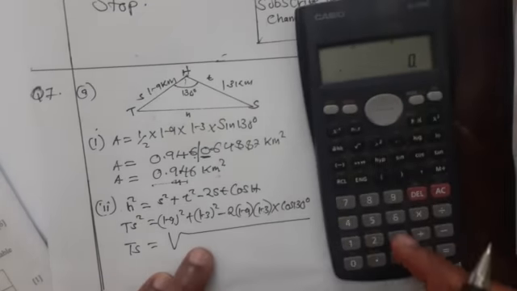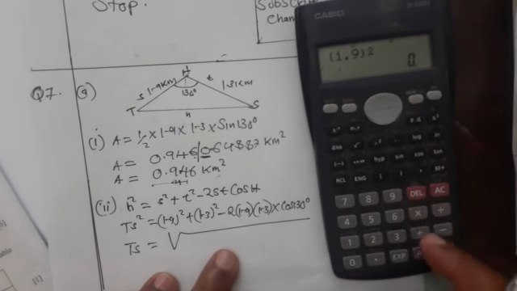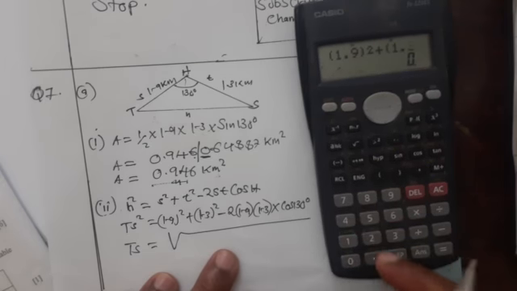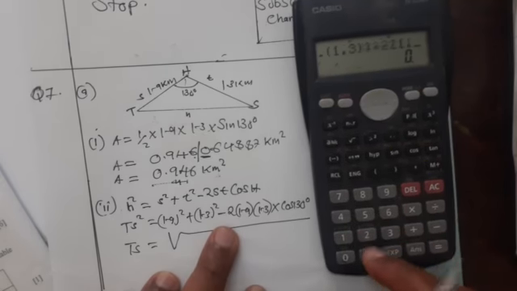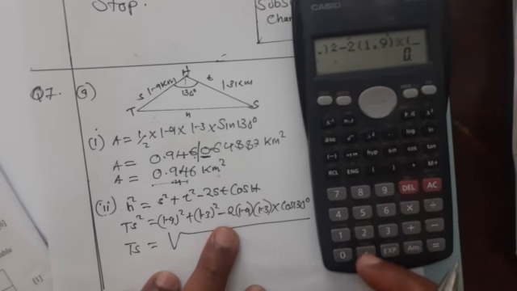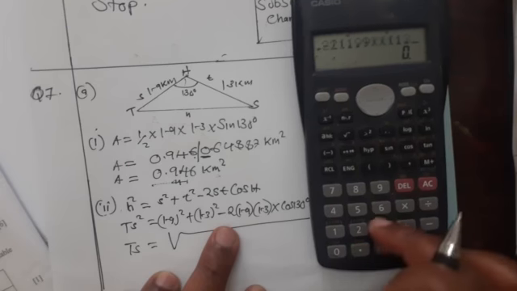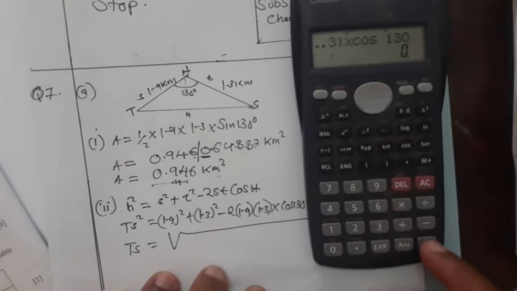So we're going to say, open the bracket, 1.9, close, power 2, plus 1.3 power 2, minus 2, open the bracket, 1.9, then times 1.3 times cos 130.